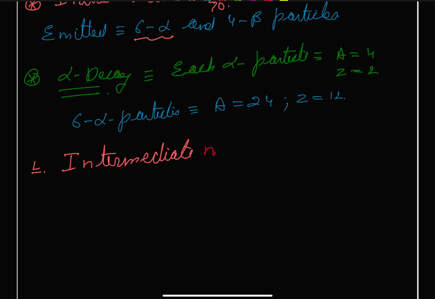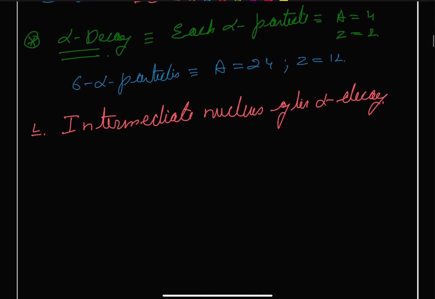The value of A in the start was 232 minus 24, this gives us 208, and the value of Z is 90 minus 12, giving us 78. Then we are having our beta decay.